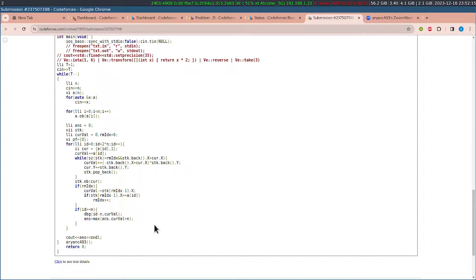Now why is the time complexity order n? If we look at it, I am running this for loop 2n times. I insert only one element every time. So the stack has 2n elements only, so this pop can also happen 2n times only. You add an element once and you remove it at max once.